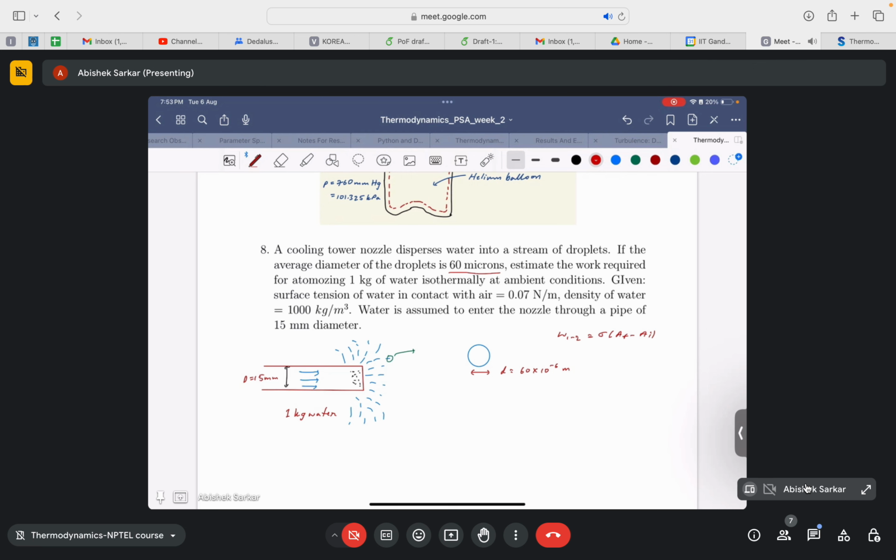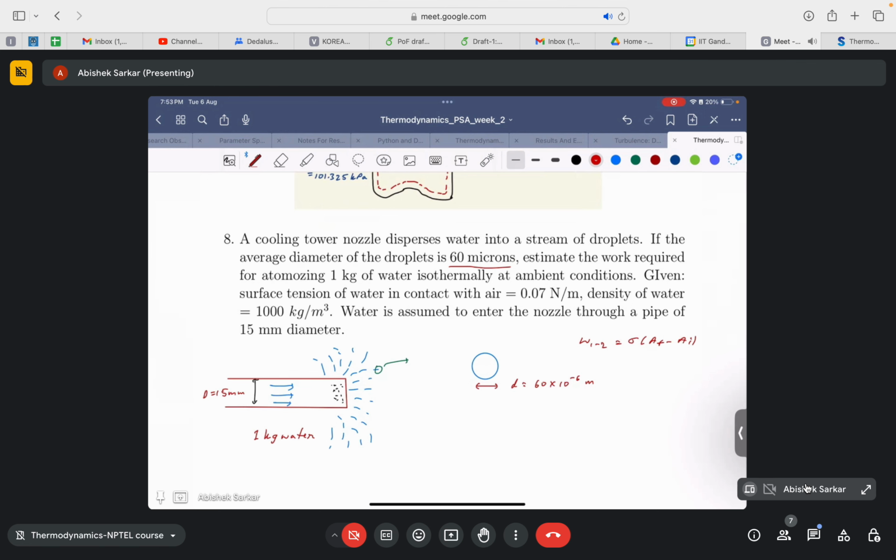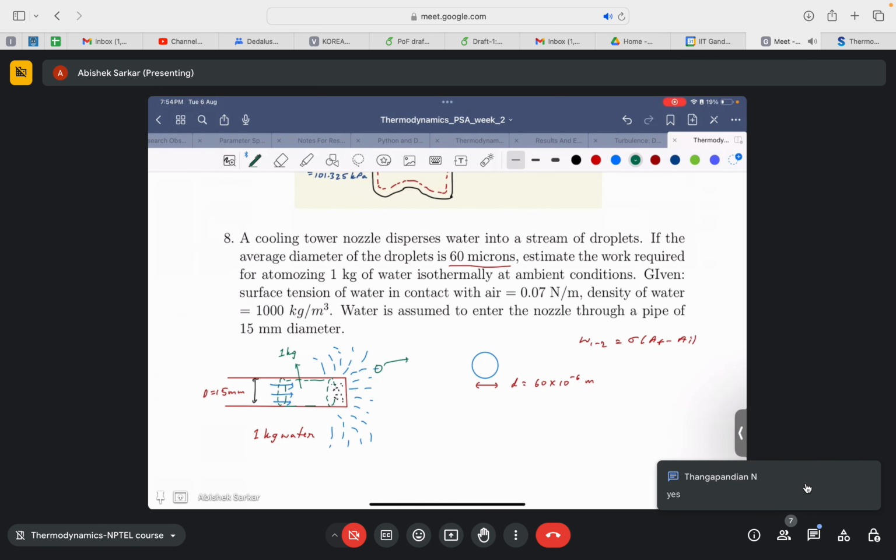Are you able to understand it? Please, this is an interesting question, so if you have any doubt in my explanation, you can stop me and ask. So 1 kg of water would imply a cylinder within the pipe whose weight is 1 kg. Is it clear? It's important, just tell me yes or no. Yes, right.